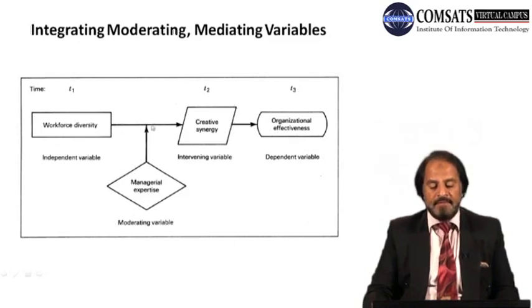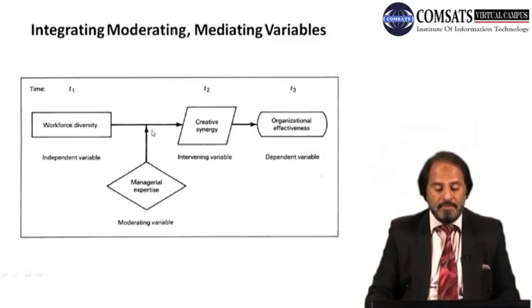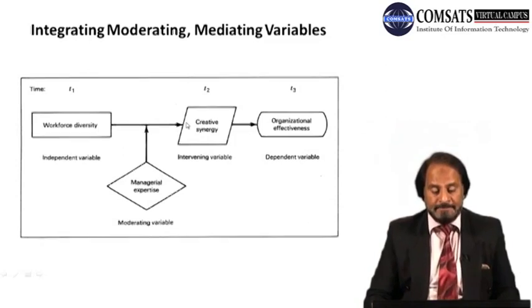In this case we're not just saying the relationship is there, we're also giving the direction. So we need to talk about the logic of the relationship between the independent variable and the intervening variable, and whether it is positive or negative.